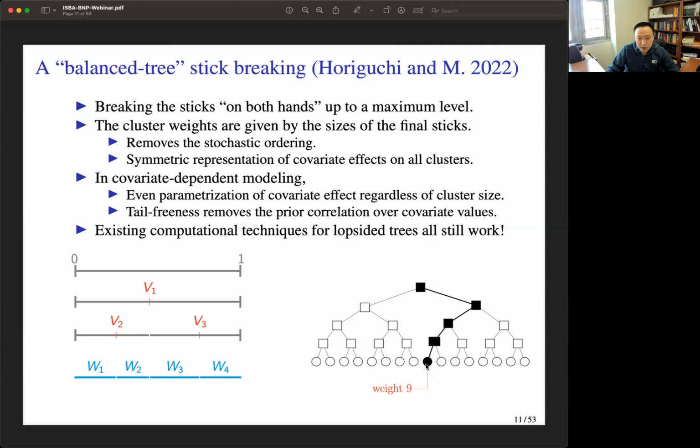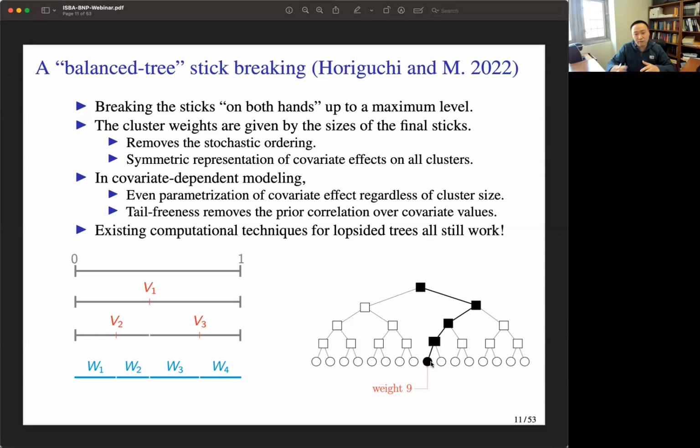And now every covariate effect, regardless of the size of the cluster, will be evenly represented by a moderate number of coefficients. So for example, if you have this 3-level tree, it will correspond to those few coefficients, that is, this 4-level or 3-level, depending on how you define the node level.